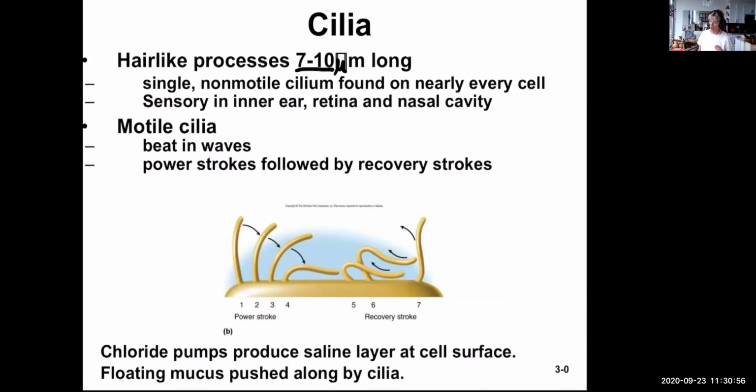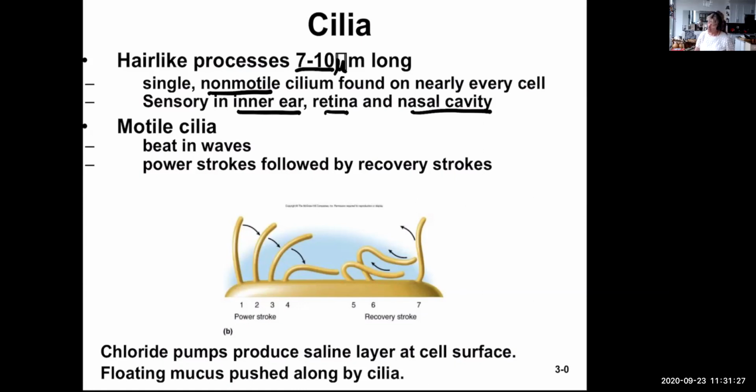Some cilia are non-motile, for example, in the inner ear and the retina and nasal cavity. In the nasal cavity, those non-motile cilia pick up odor molecules that you breathe in. In the inner ear, they are attached to a membrane that changes shape with sound. So they don't move. They're non-motile.